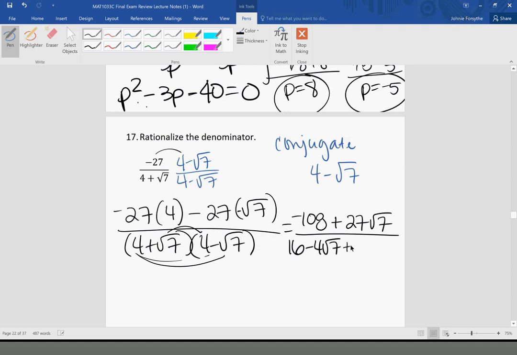Root 7 times positive 4 is positive 4 root 7. And then root 7 times negative root 7 is negative root 49.